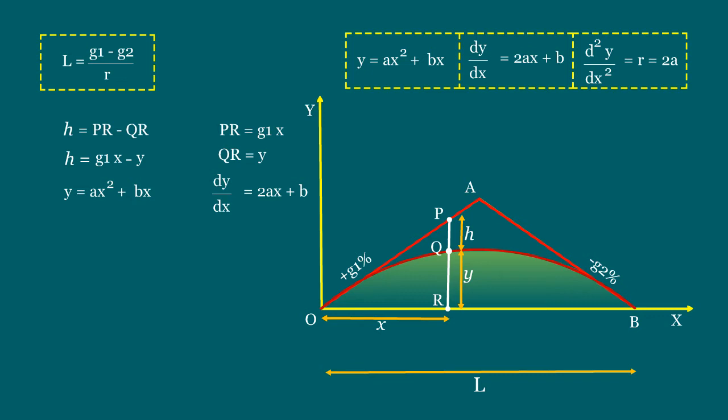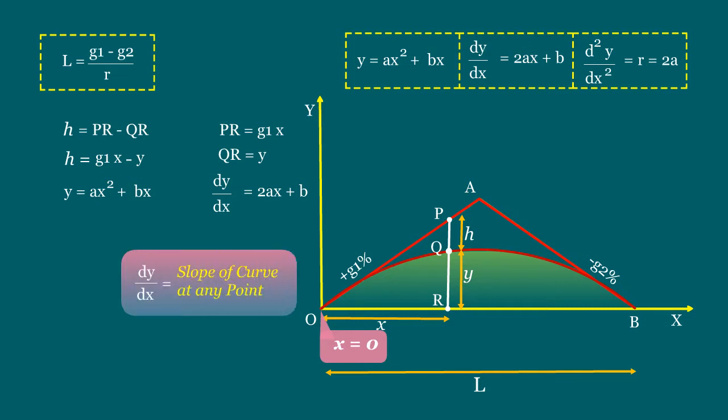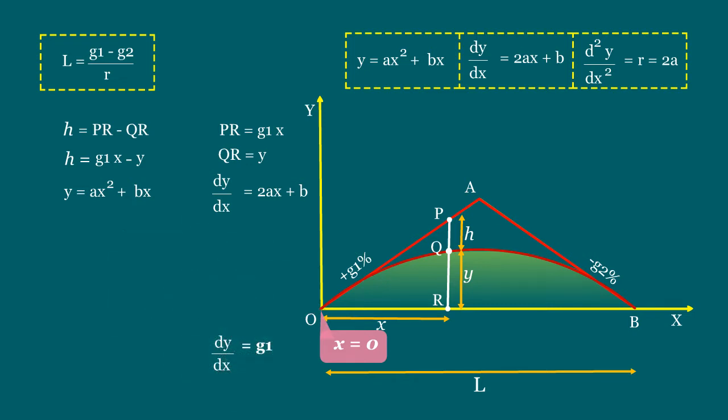Now, at the beginning of the curve, at point O, the value of x equals 0. In that case, dy by dx equals plus g1. We already knew that dy by dx equals 2ax plus b. Here, when the value of x equals 0, then g1 equals dy by dx, that equals 2a into 0 plus b.